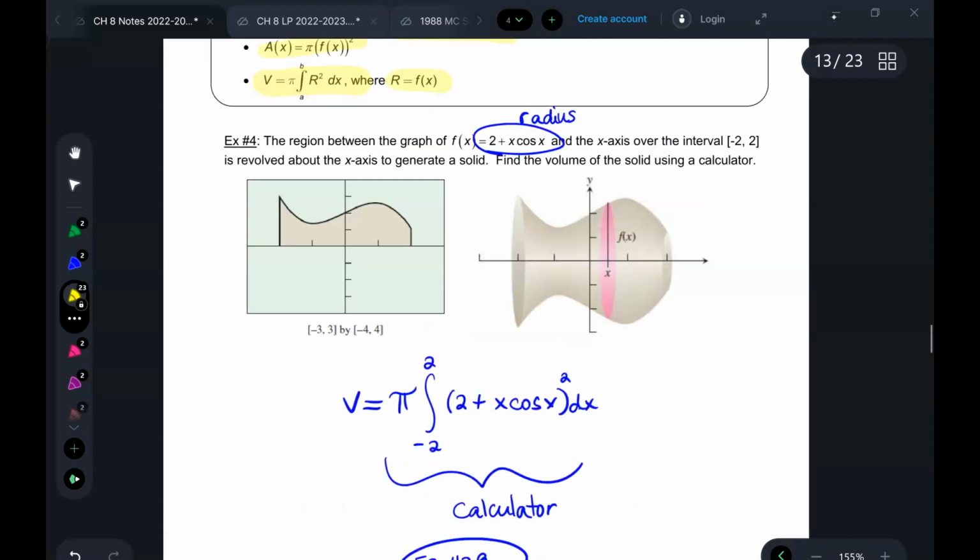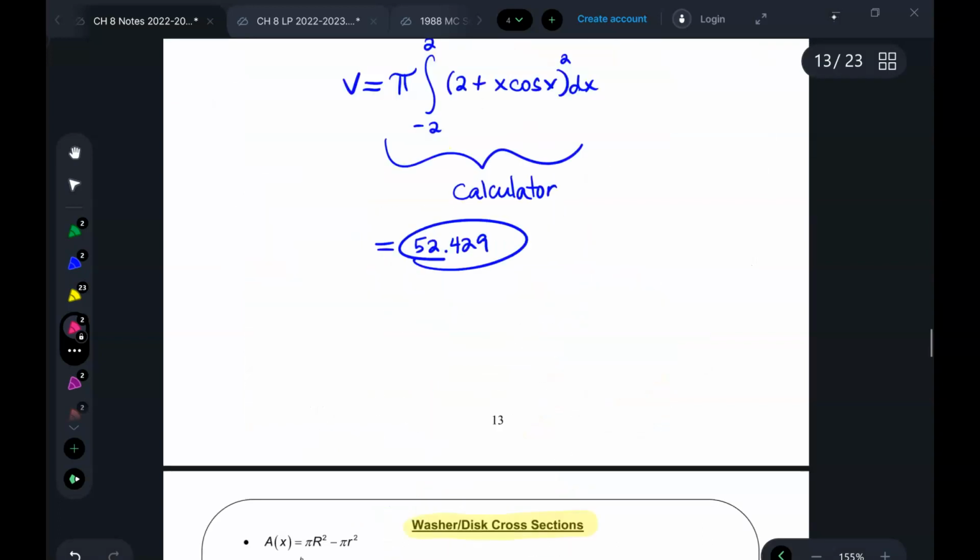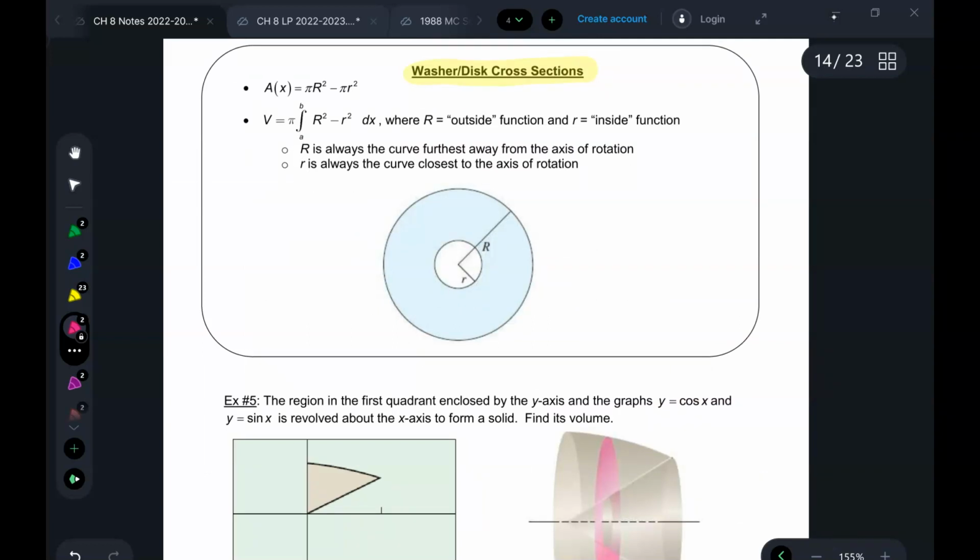Now, this last one, notice the base was the x-axis. Okay, but what happens if I have another curve and now I just want this part of it? You don't have to. I was just saying, what if? What ends up happening is what we call a disc or a washer, or like a donut, if you will.